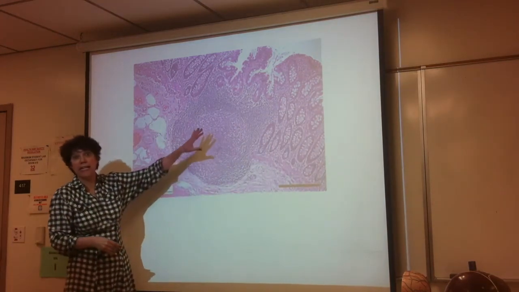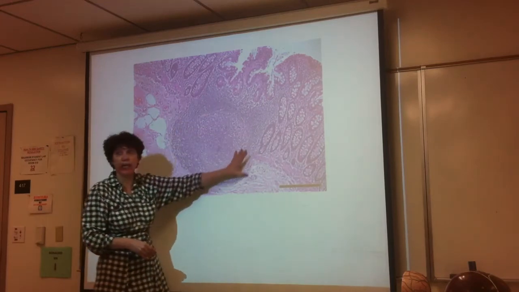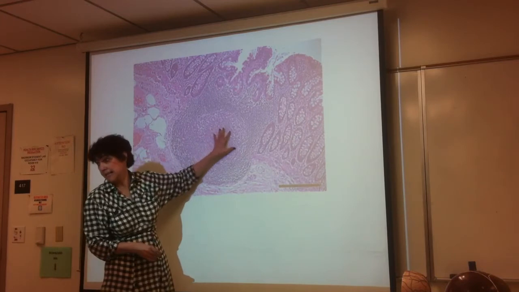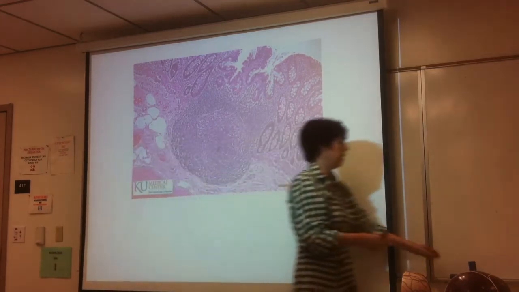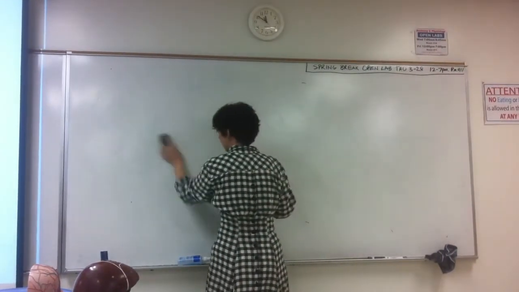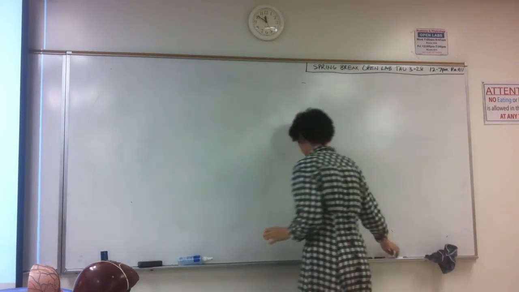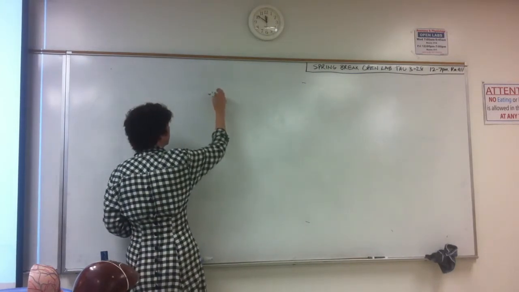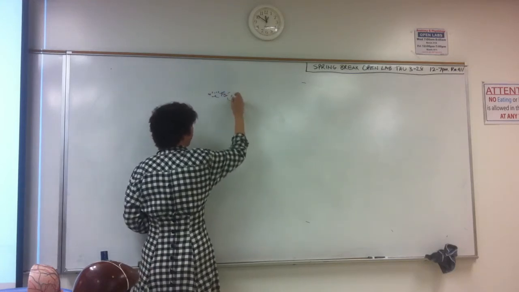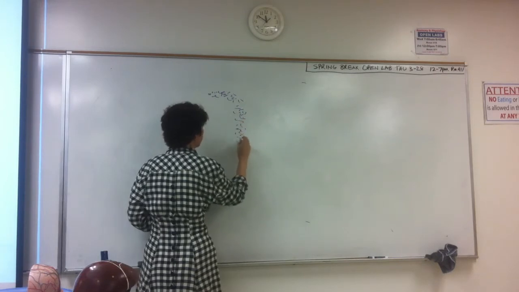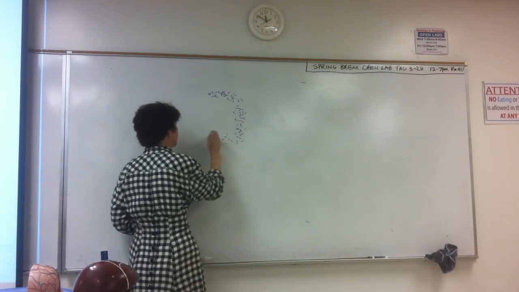And this is organized such that the periphery of the lymphatic follicle is T cells and the center is B cells. Unless the B cells are activated, you wouldn't be able to tell by looking at them, but antibody tests would indicate that. So in the periphery, we have the T cells, and I know I'm drawing lines, but I'm not going to draw 2,000 little circles.